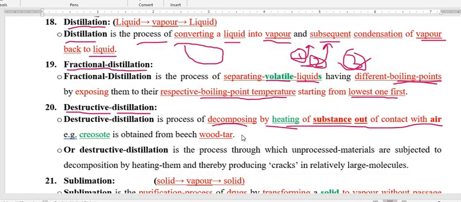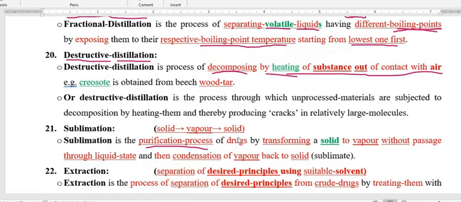Here, in sublimation, we heat the solid and convert it to vapor, and then by condensation convert the vapor back to solid. This is called sublimation.